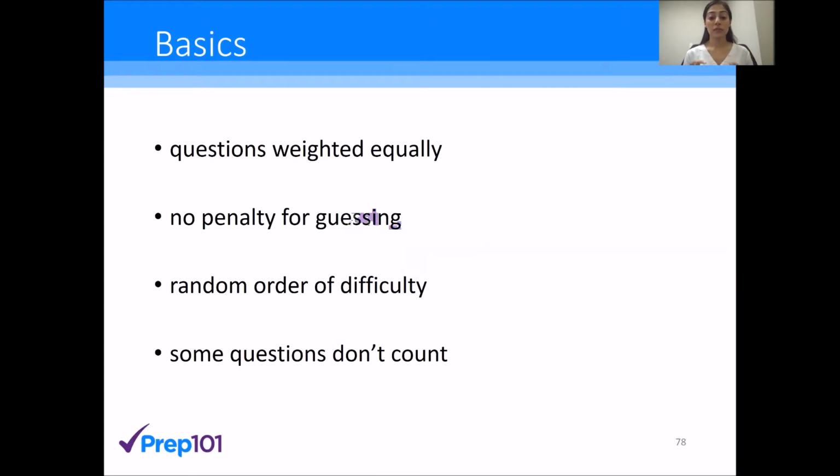All right, so here's the first thing. These are some of the basics that you should know about the score of the MCAT exam. First and foremost, this is so crucial, all questions are weighted equally.